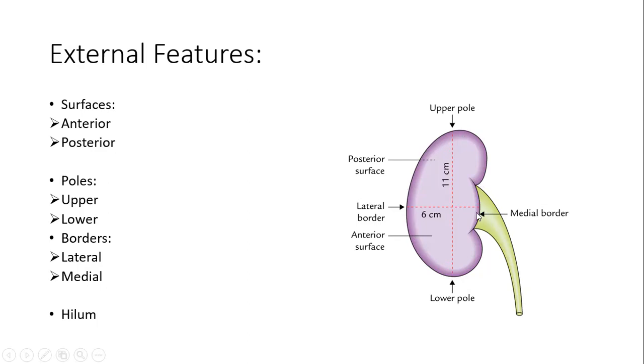It is this medial border which bears a concave depression called the hilum. The hilum is the area of entrance or exit of the structures entering or exiting the kidney, known as the renal vessels and ureter.